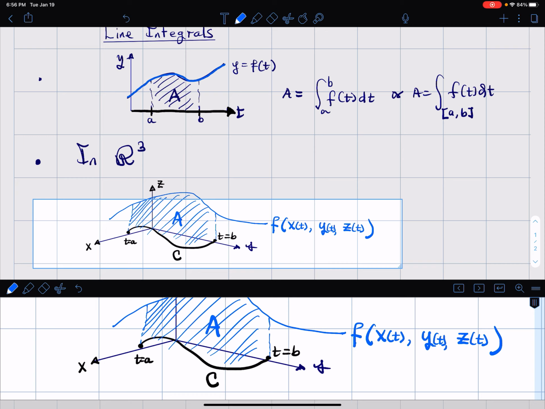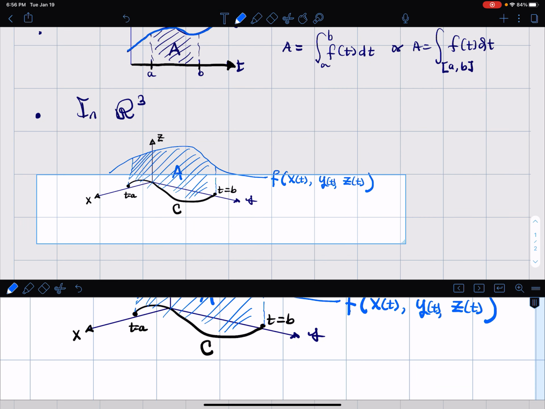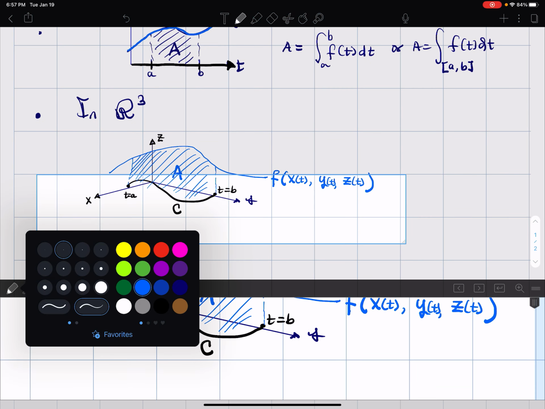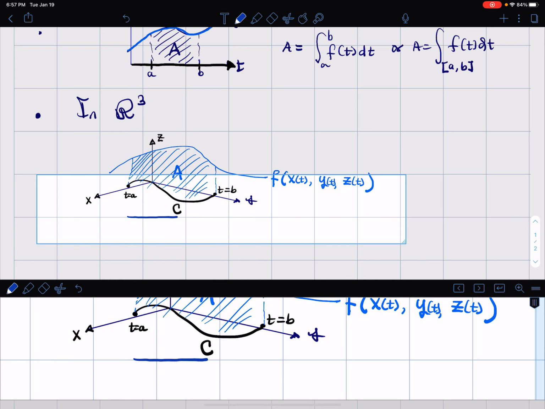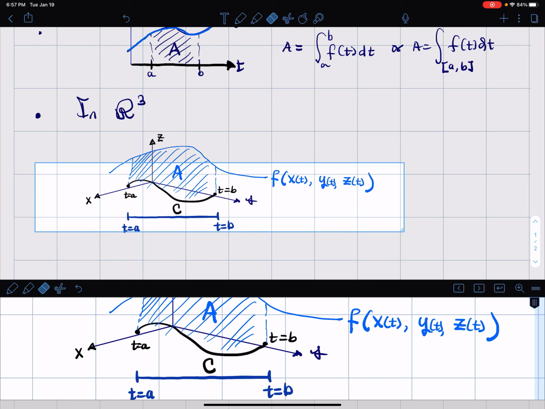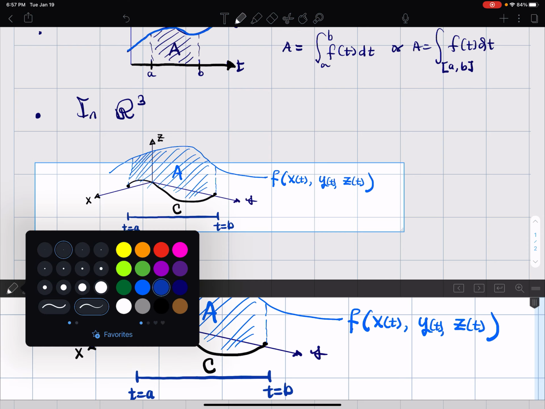So t goes from A to B. If you think of the t-axis, we can think of the t-axis as this, t equals A to t equals B, right? But now, instead of looking at the curve as being proportioned in terms of t, we can think of it as being proportioned in terms of the length of the arc. What do I mean?